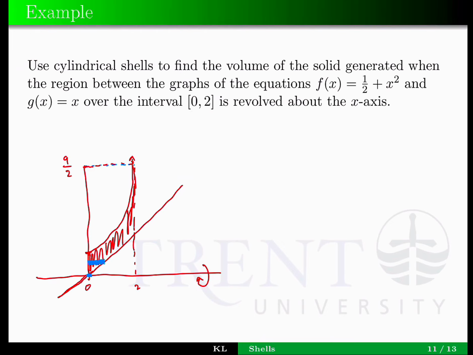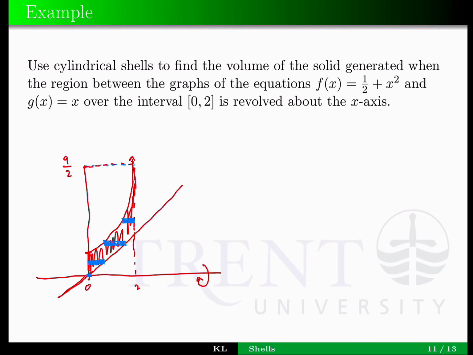But let us check. If we use cylindrical shells, you will be required to divide this into 3 parts. The reason is, if you move this rectangular strip from the lowest point to the highest point, the rightmost part and the leftmost part will change at some point.